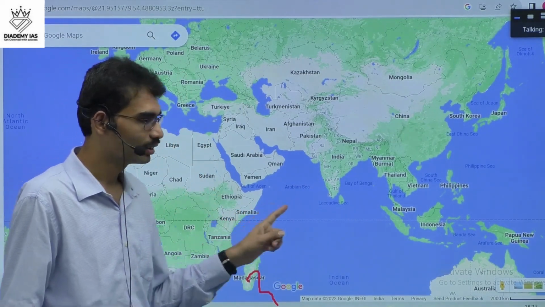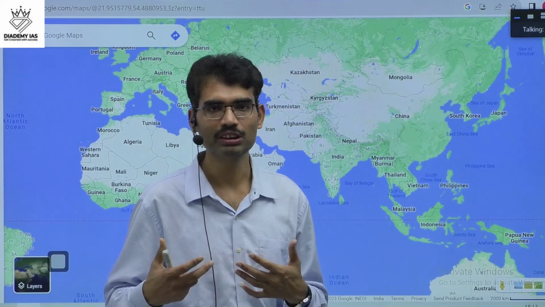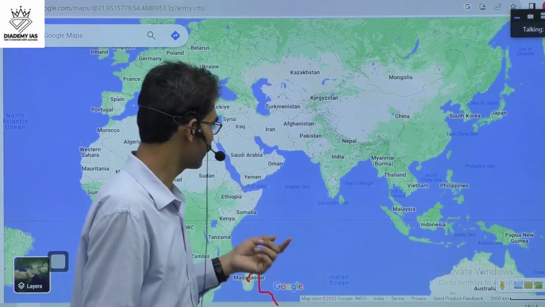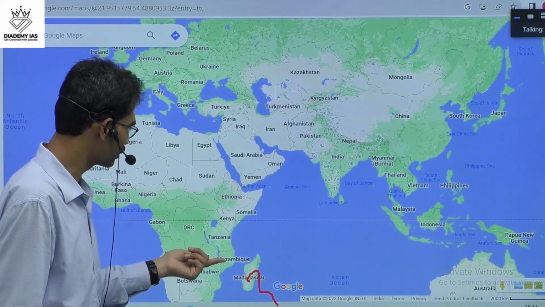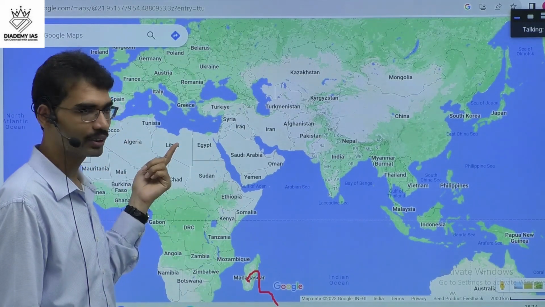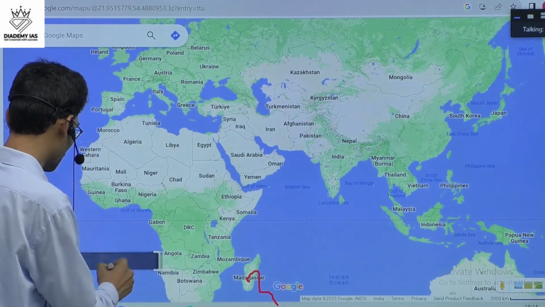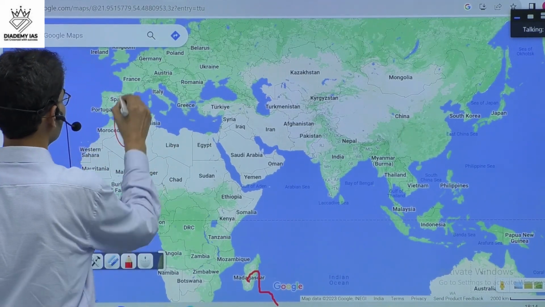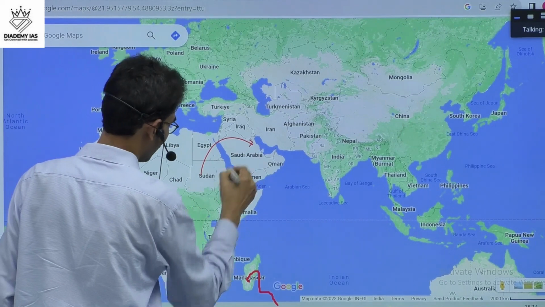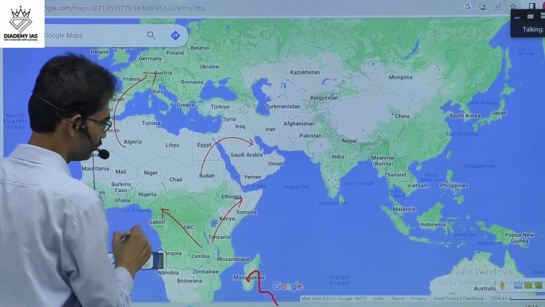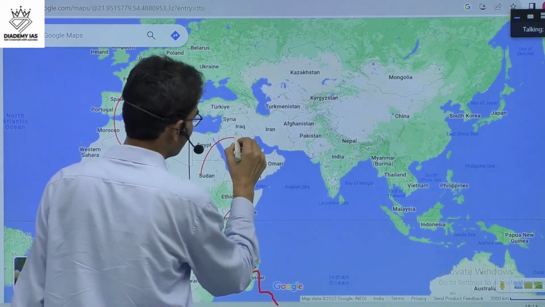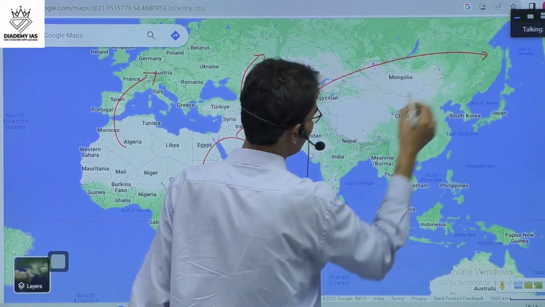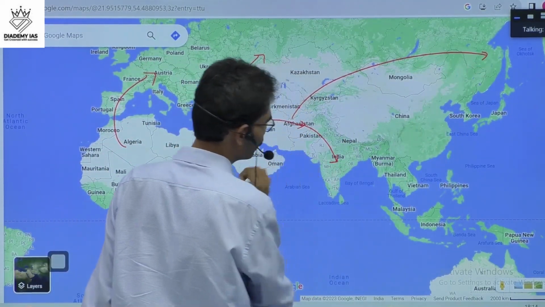And how do we know from which point that started? Archaeological surveys say that somewhere in the eastern and northern part of Africa, our human ancestors started migrating to different places, and in that process they came to different locations, including India.